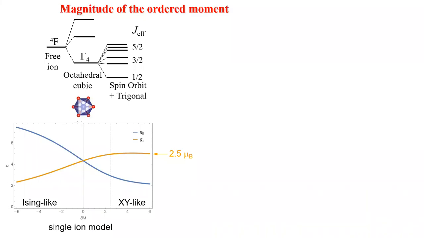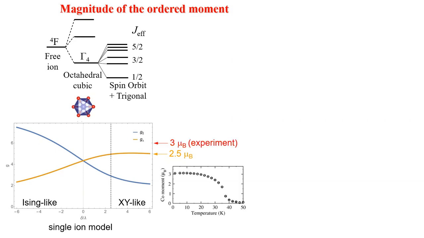However, if we go into the elongated side, the left-hand side, which is Ising-like, and if we go right, that's the XY-like, around about here, we're getting the transitions to crystal field levels that we've seen experimentally. Now, there's apparently a problem because this can only explain a magnetic moment of 2.5 Bohr magnetons, whereas experimentally we see 3 Bohr magnetons.